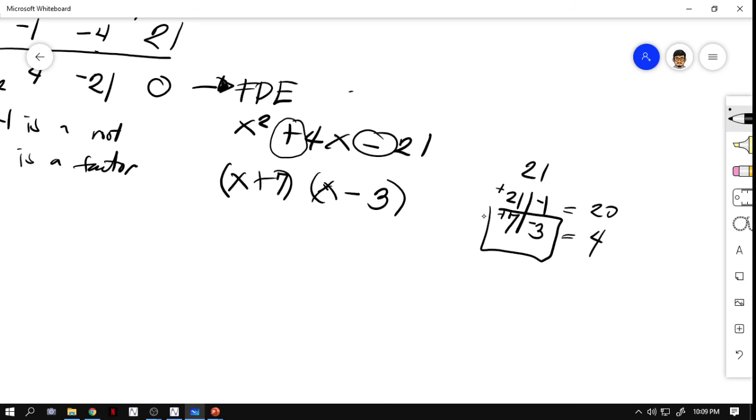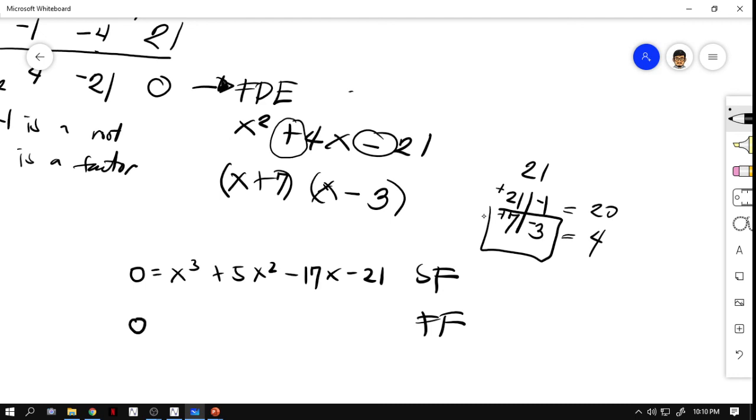So, therefore, if we have 0 is equal to x cubed plus 5x squared minus 17x minus 21 as our standard form, ang kanyang factored form is 0 is equal to x plus 1, yung nakuha natin kanina, x plus 7, and x minus 3. So, this is now the factored form.